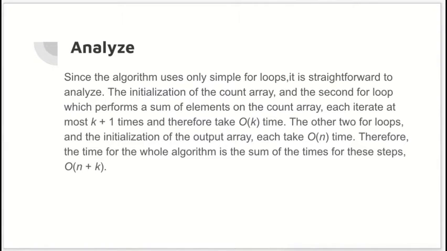The other two for loops and the initialization of the output array each take big O of n time. Therefore, the time for the whole algorithm is the sum of the times for these steps, which is big O of n plus k.